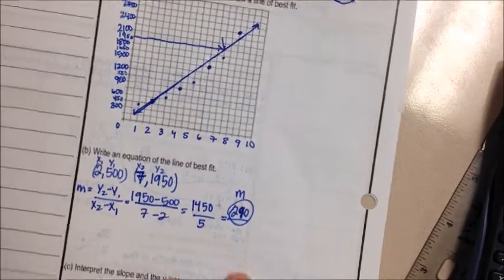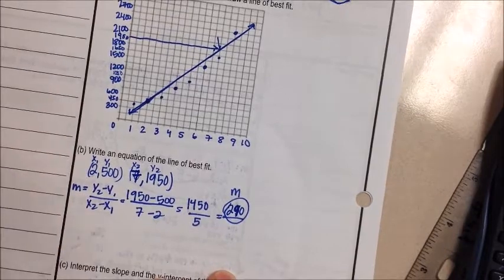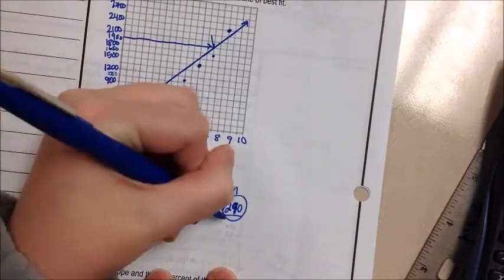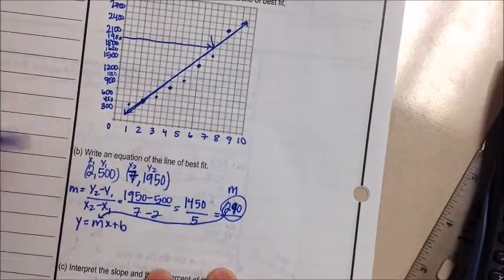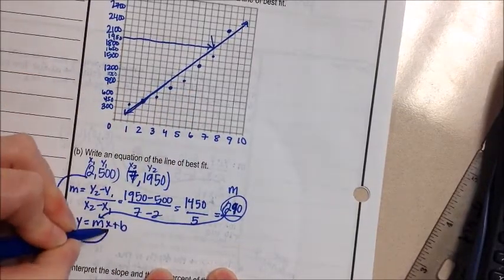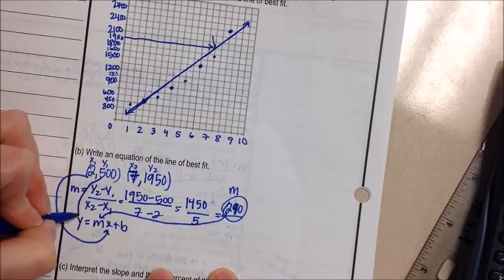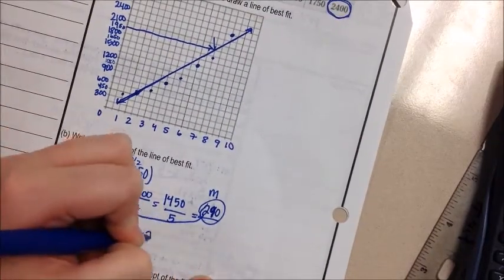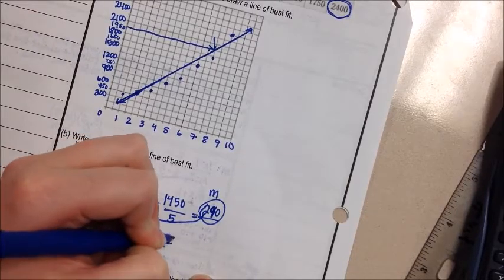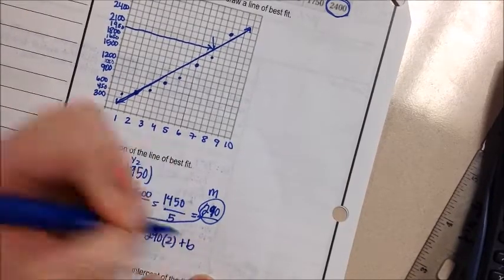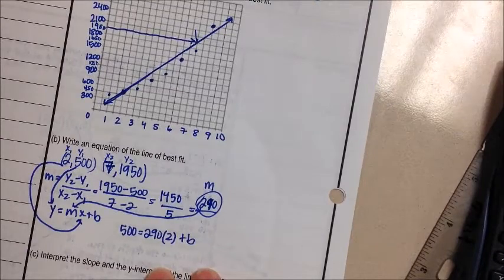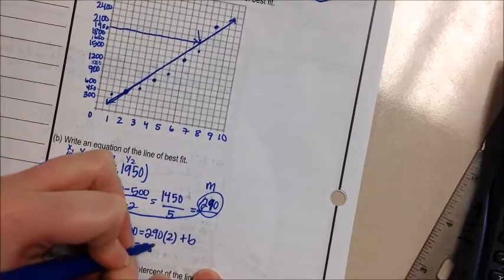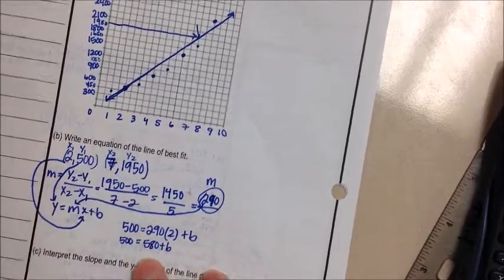Okay, so now I have to find my y-intercept, so I have y equals mx plus b. So this goes in for m, this goes in for x, and this goes in for y. So then I have 500 equals 290 times 2 plus b. So 500 equals 580 plus b.